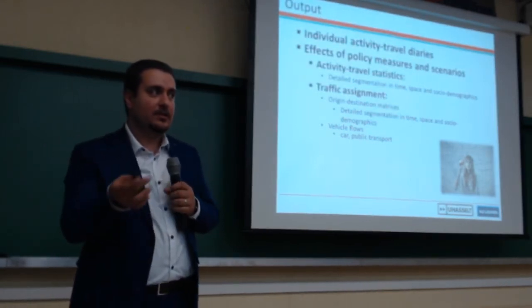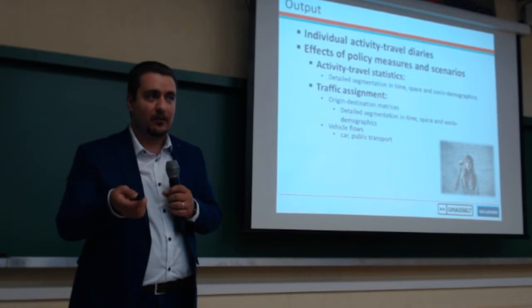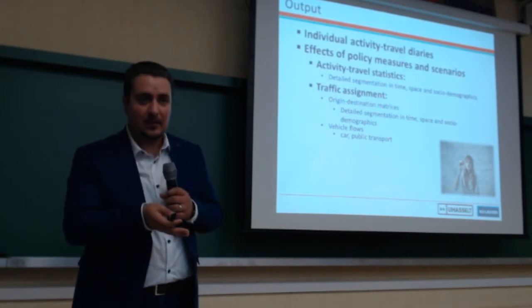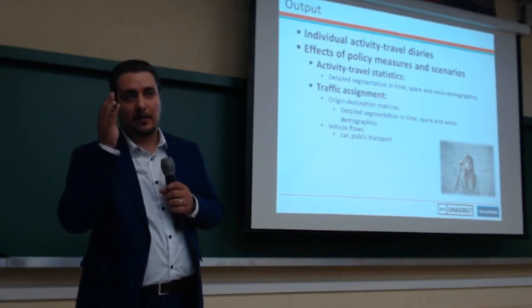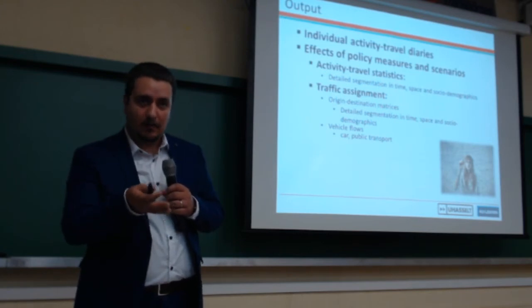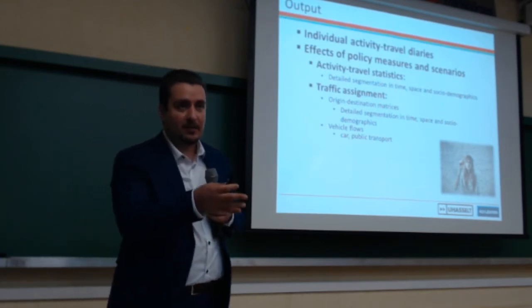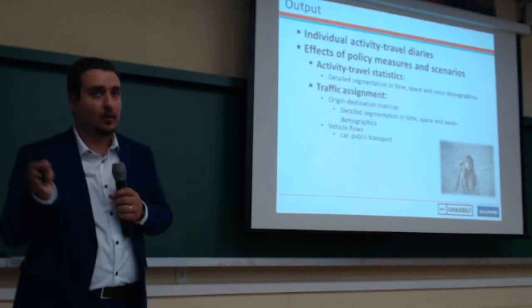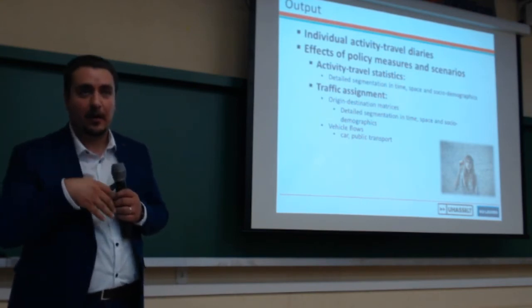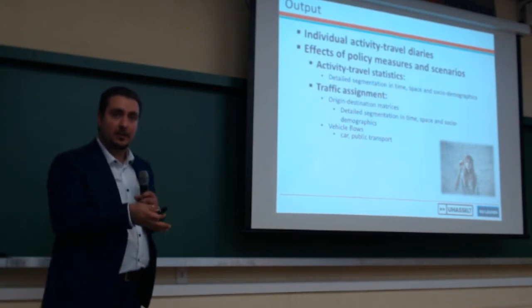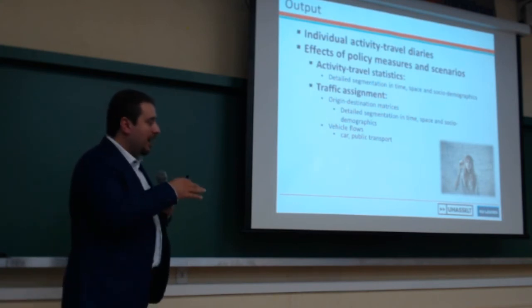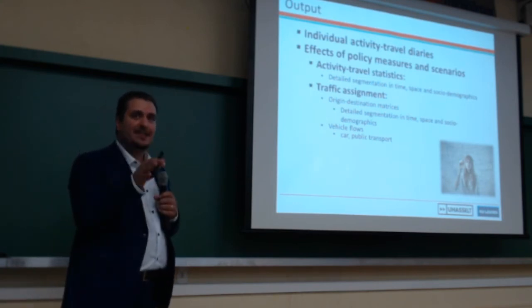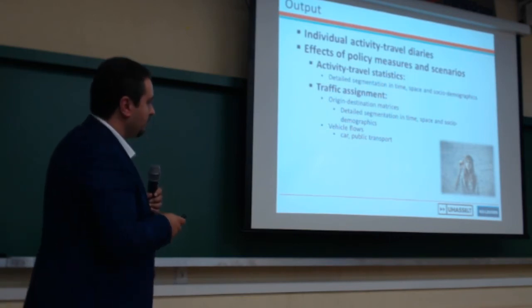And those origin-destination matrices can be different for different times, for different days of the week, for different groups of our society, for different genders, for different age groups, for different types of activities or all types of activities together, for different trip purposes. So we can have those OD matrices as detailed as possible.